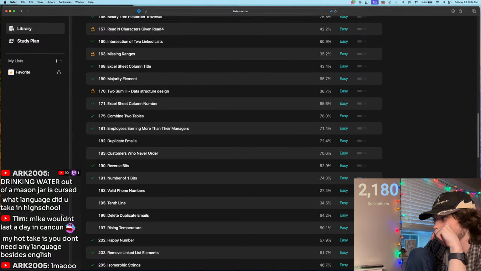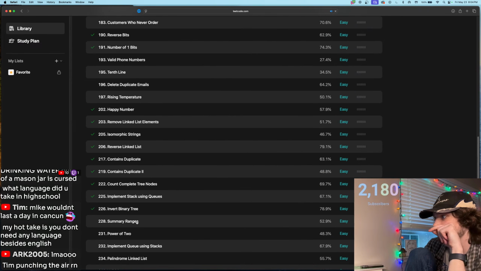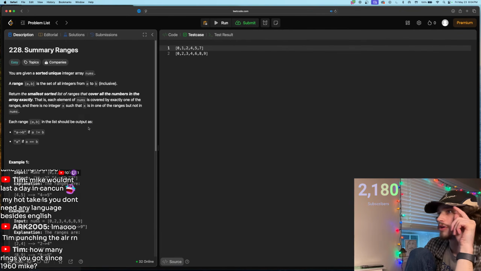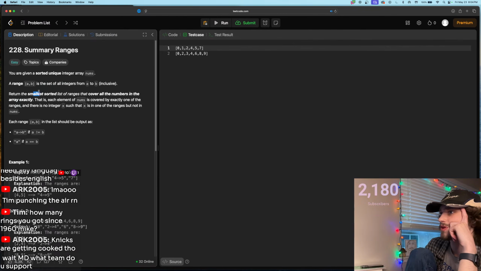Okay. Which one should we do? Summary ranges. You are given a sorted unique integer array of numbers. A range A to B is the set of all integers from A to B inclusive. Return the smallest sorted list of ranges that cover all the numbers in the array exactly.